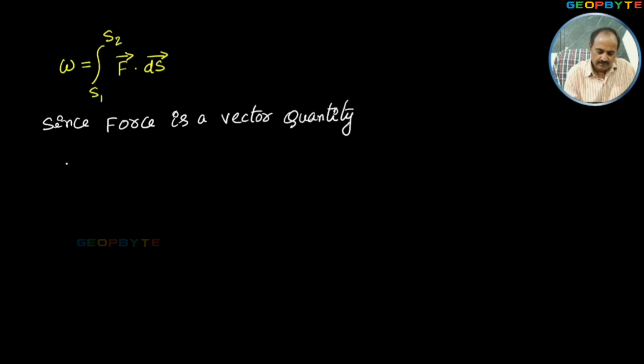it can be written in rectangular components. F bar equal to Fx i cap plus Fy j cap plus Fz k cap.